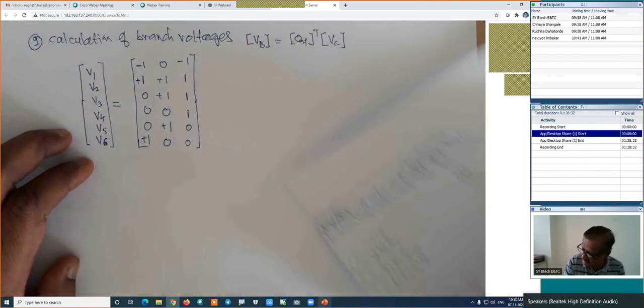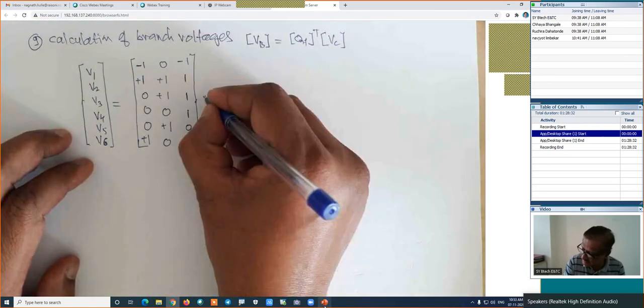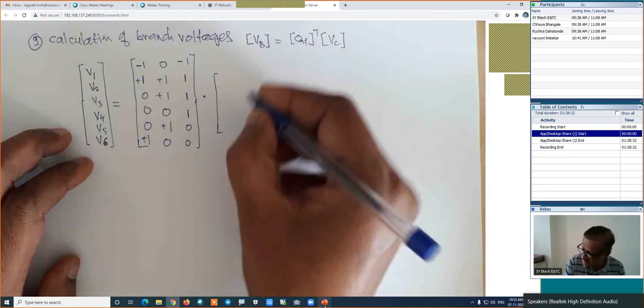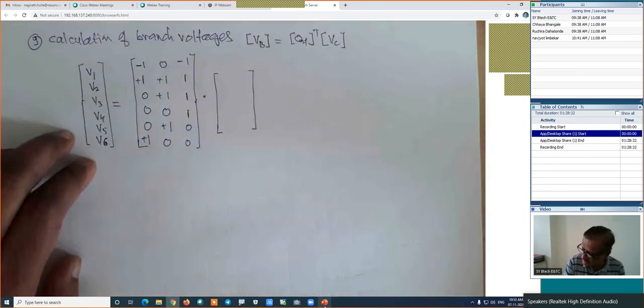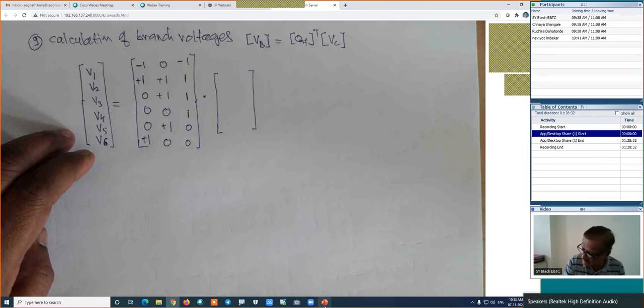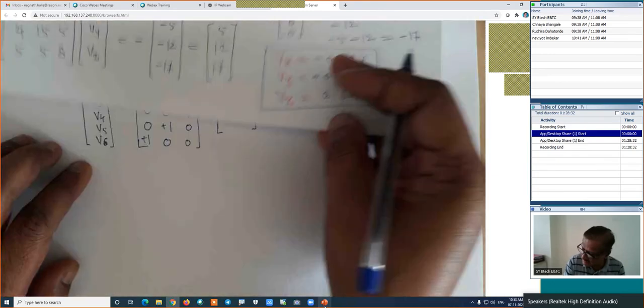VC, the cut set voltage. We have already calculated the cut set voltages, and I will copy those figures here: Vx, Vy and Vz.